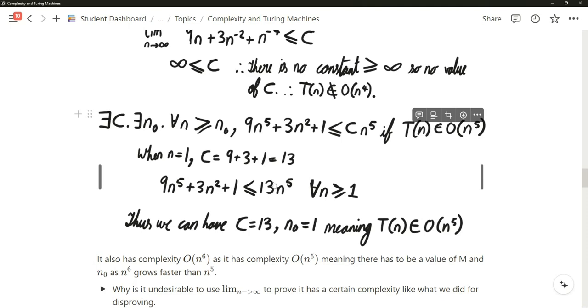What's our value for m? What do you mean by m? N0 is m. Okay, you can write N0 as m. It's just a variable at the end of the day. I don't think it matters what you write. If you want to call it m, call it m. As long as you keep it consistent throughout the proof, it's fine.